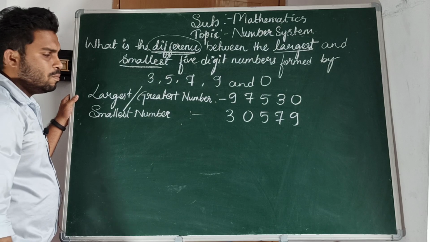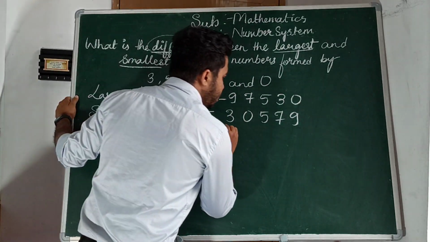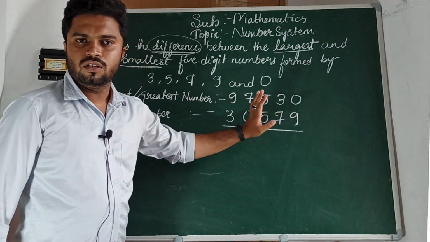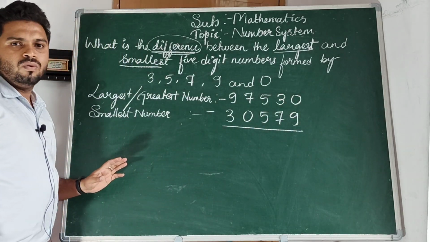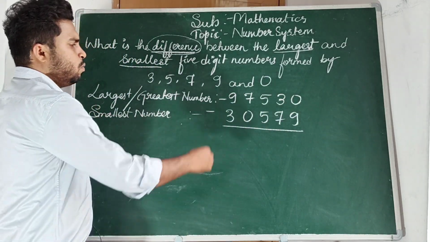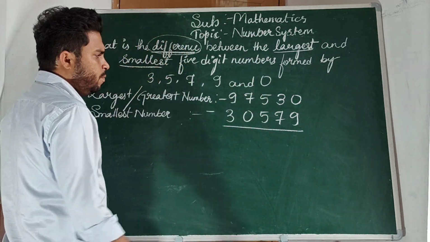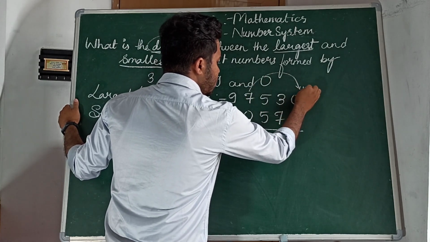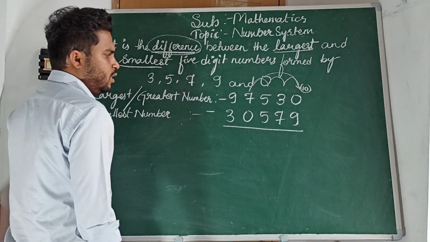So now for these two, the largest as well as the smallest number, you are going to find the difference. Difference means what? Subtraction. So do it here. Can you subtract 9 from 0? No, because this is the smallest and this is the largest. So what will you do? You will take a borrow from this 7. You just take the borrow and this becomes 10.